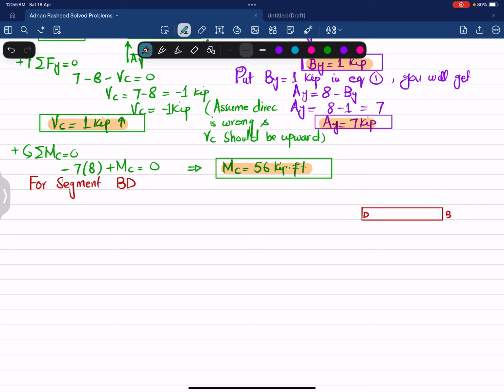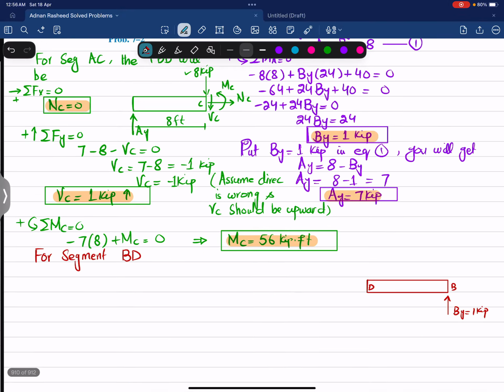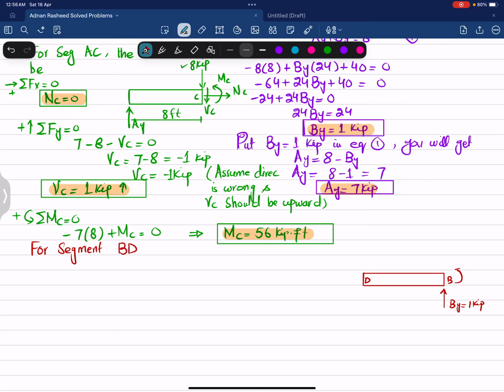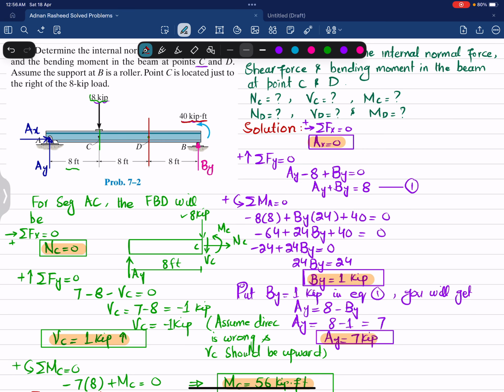And at point B, you have a vertical reaction force, which is By, and that was equal to 1 kips load. And there was a moment as well which was 40 kips into feet at point B. Let me show you here. This is the 40 kips into feet.